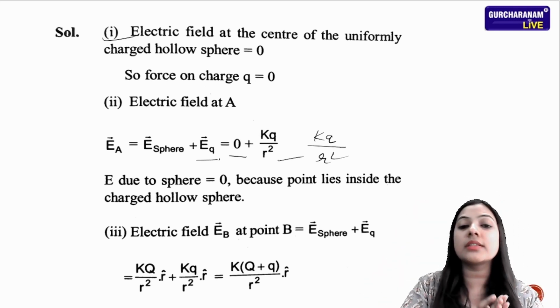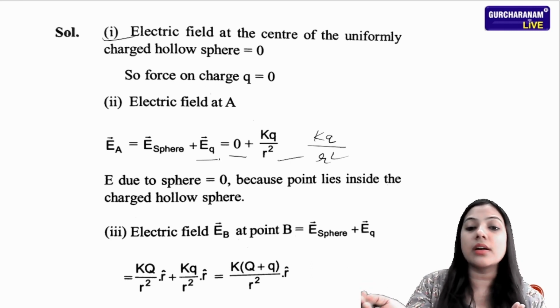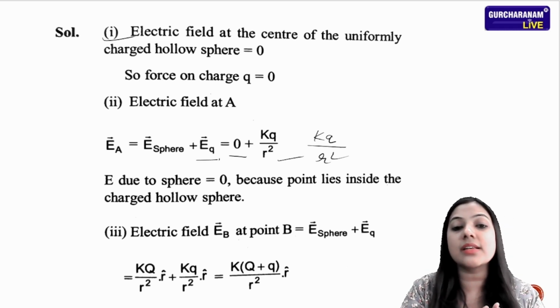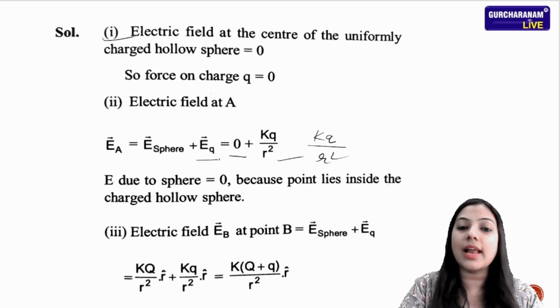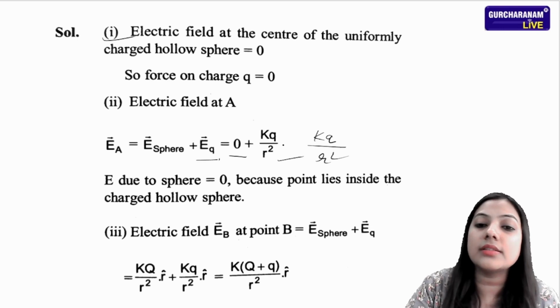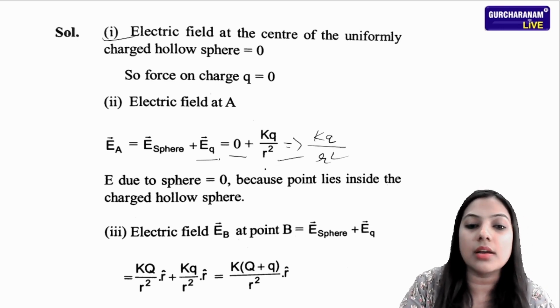If the point were outside the sphere, the field would not be 0. So E_A vector equals kq upon r square.